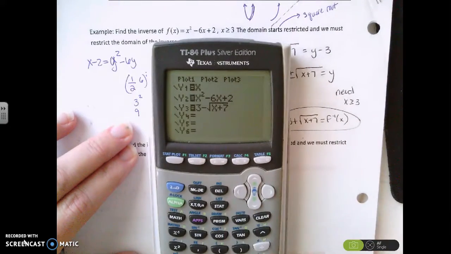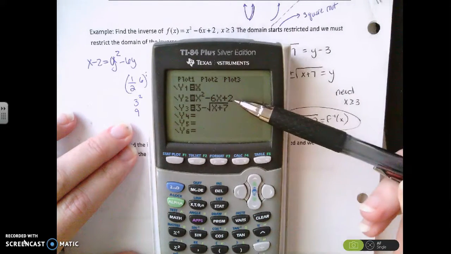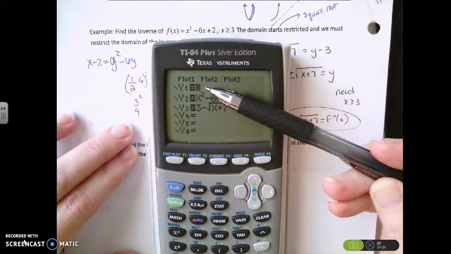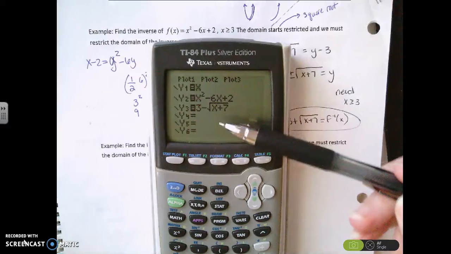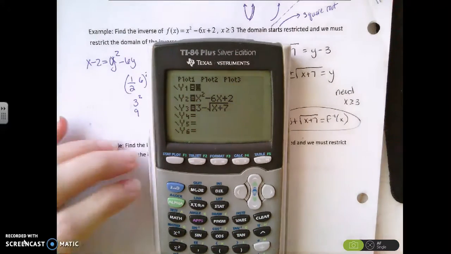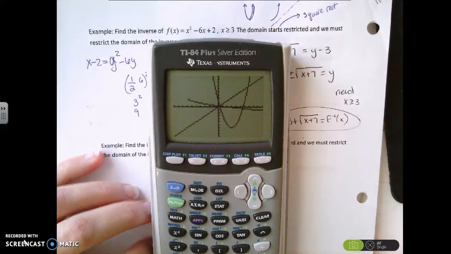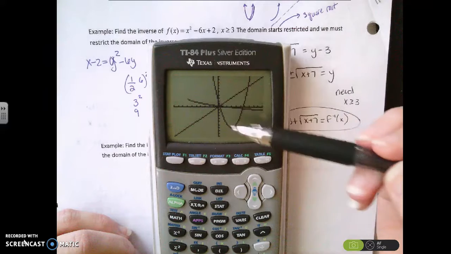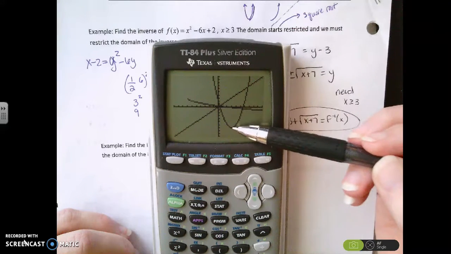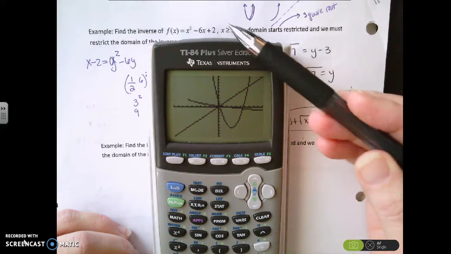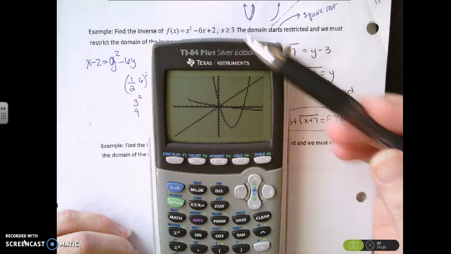Alright, so here's my original parabola, x squared minus 6x plus 2. There's my y equals x line of symmetry. And here is one of the possibilities. When I graph this, what you have to understand is that with the parabola, all I'm focusing on is this right-hand side of the parabola, because I'm only looking at the values where x is greater than or equal to 3.